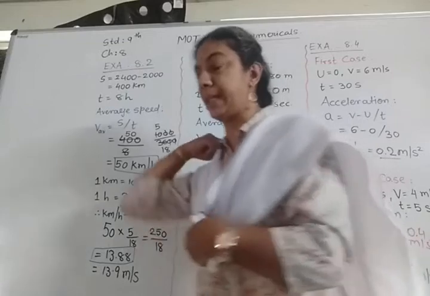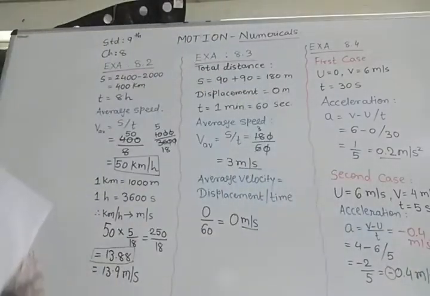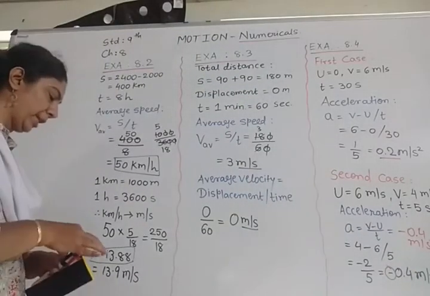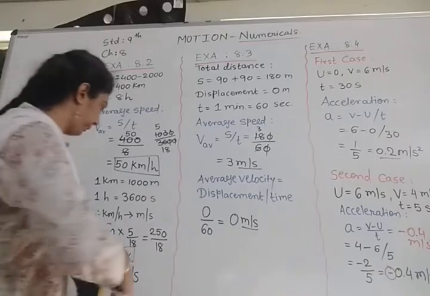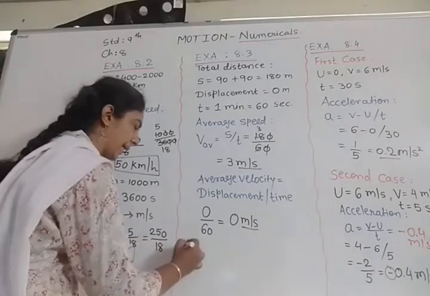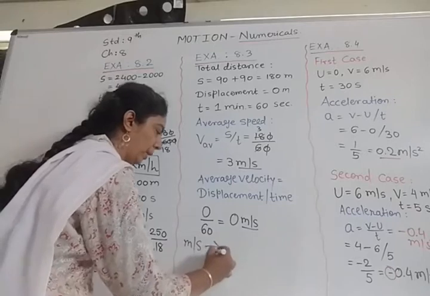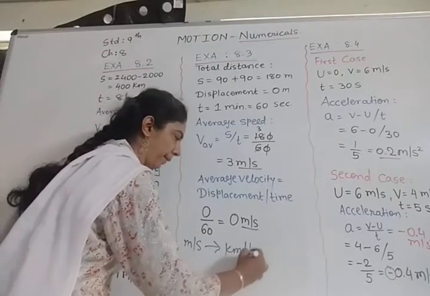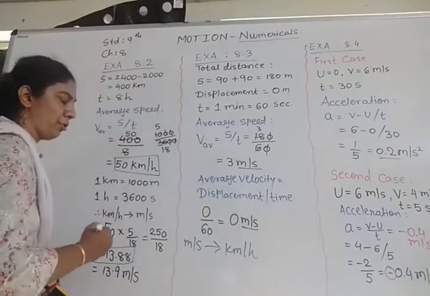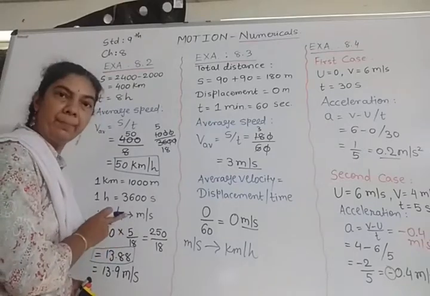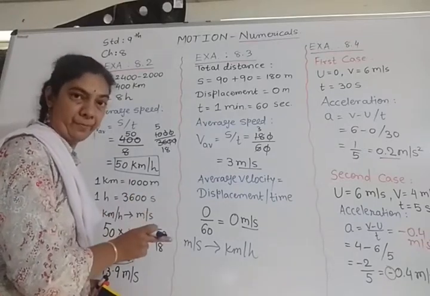You are supposed to do the calculation for meter per second to kilometer per hour, and in that situation you have to multiply that number with 18 by 5.